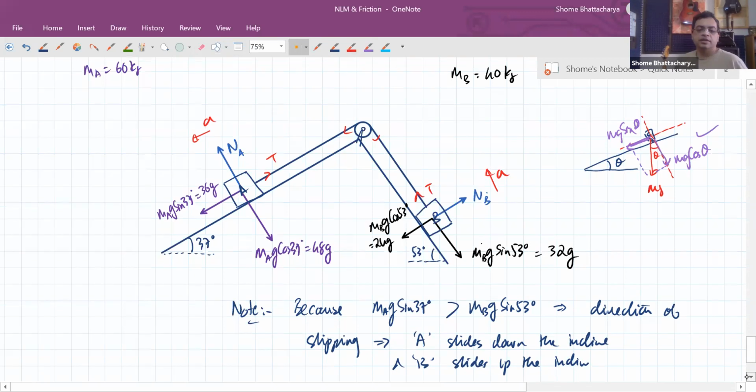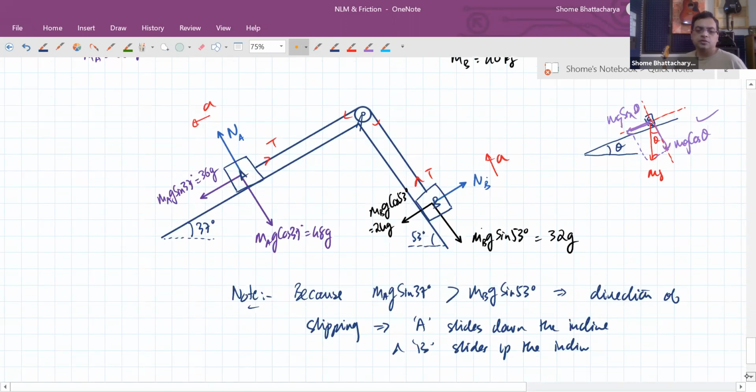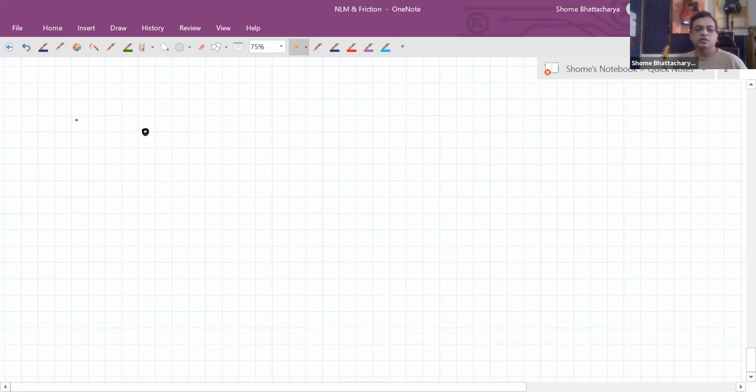Once I know that, next I can just write the free body diagram equations. So for A's free body diagram, we just saw that for the block A, we had this component of weight (36g), this component of weight (48g).